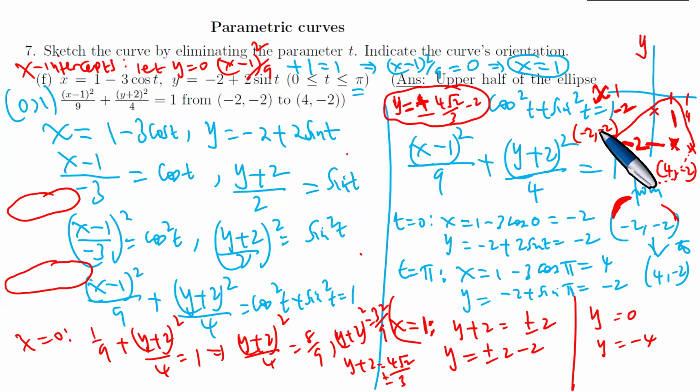So it's going to be traversed whenever t is 0, then you have -2. So it goes like this, it goes like that, it goes this way.